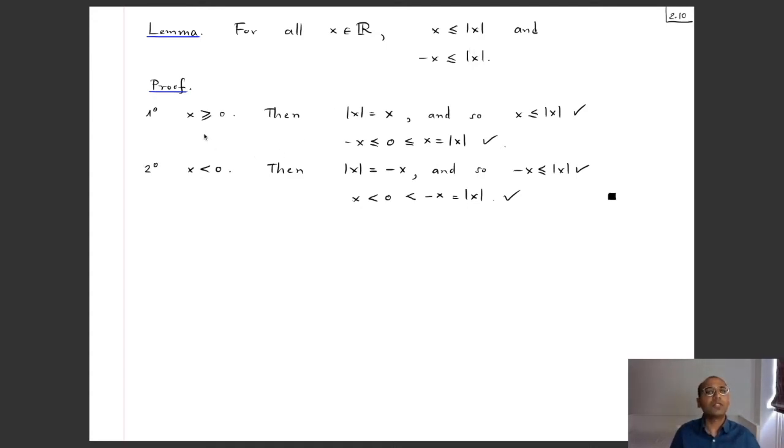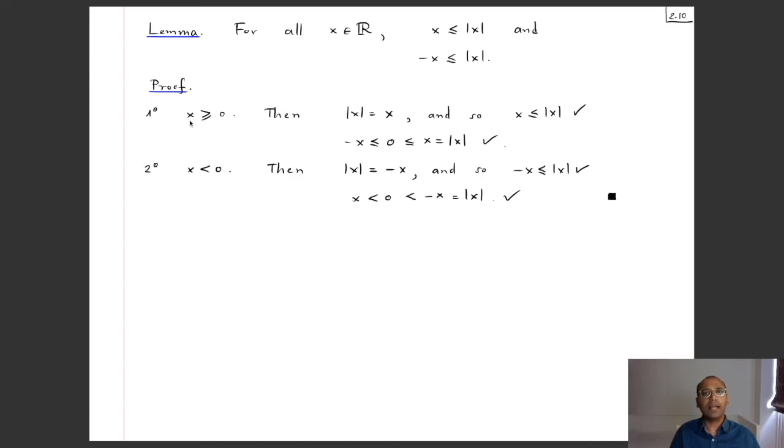But let's prove this. Let's consider first the case when x is bigger than or equal to 0. Then mod x by definition is itself. So in the first thing we even have equality, right? So x is certainly equal to mod x, and in particular less than or equal to.